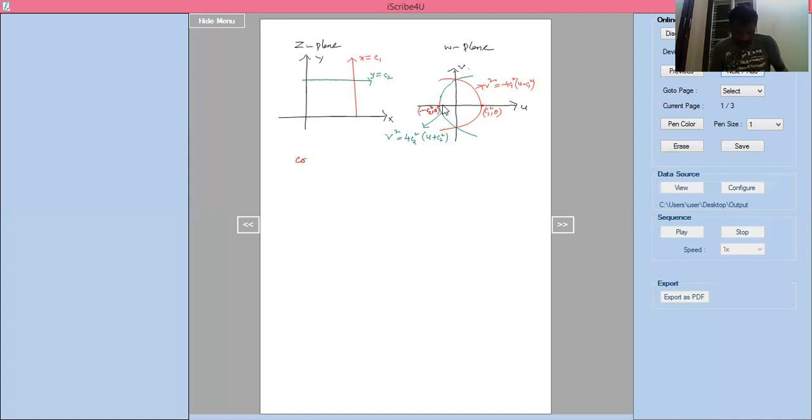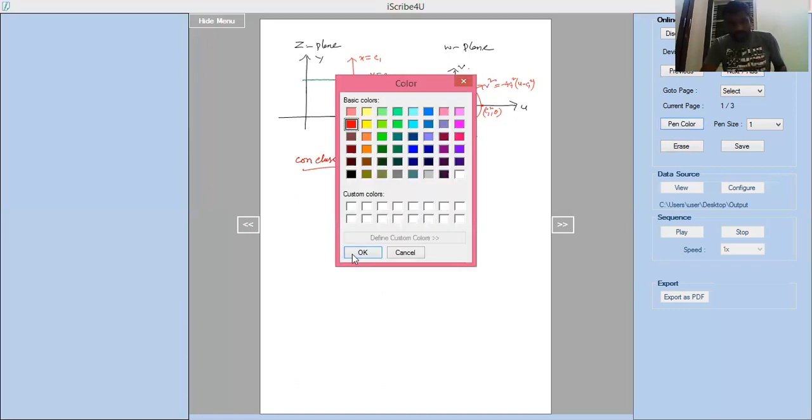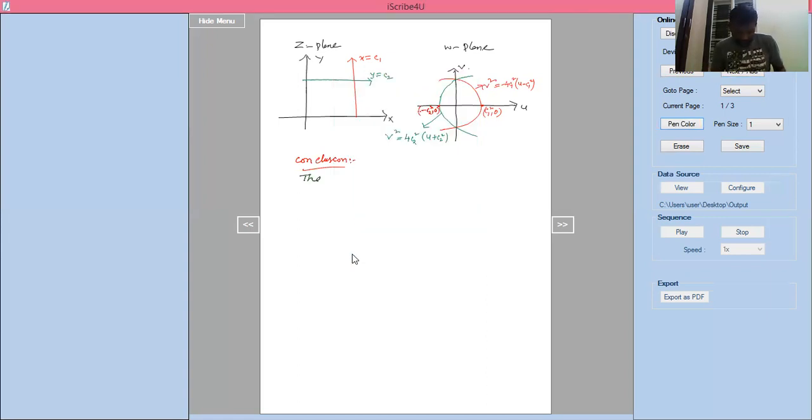Now I am writing the conclusion. The straight lines parallel to the coordinate axes, x-axis and y-axis both, in the z plane map onto parabolas in the W plane.